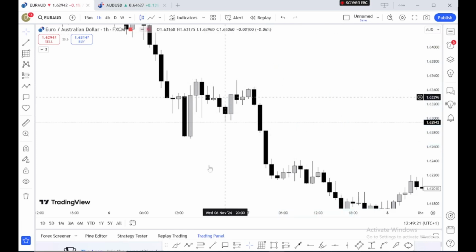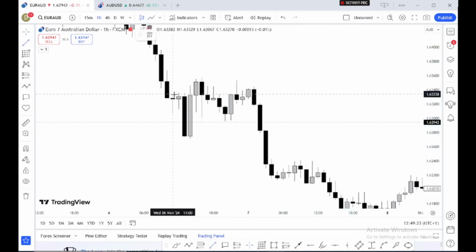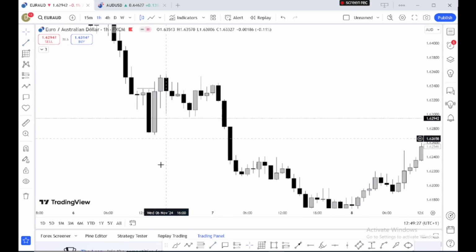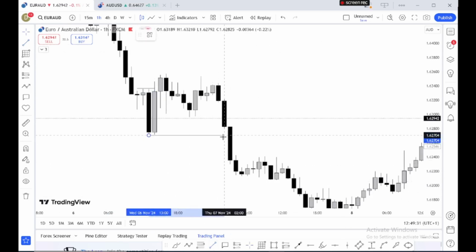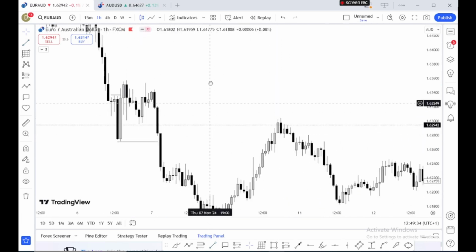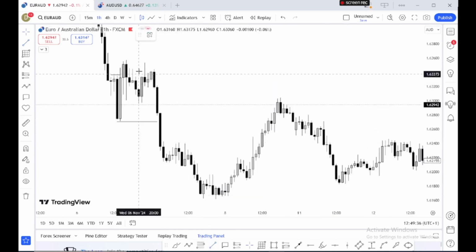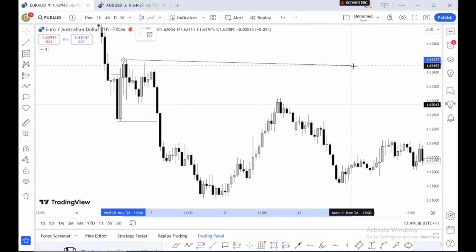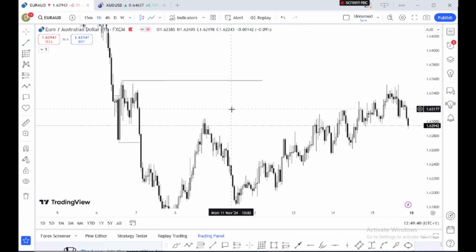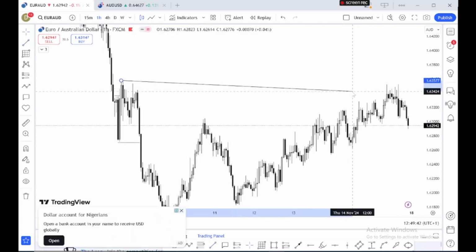So it means that we had an inducement here. So the market created another structure below by giving us a break of structure here. So looking at it, this high must be protected by all means if the market wants to look for more downside.